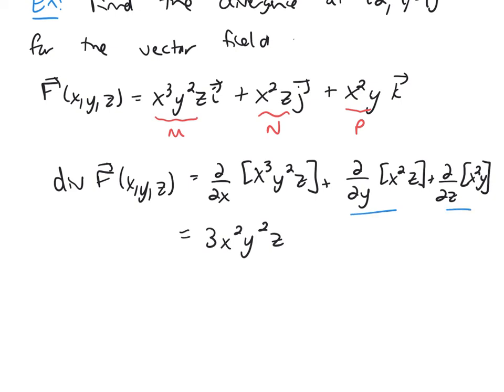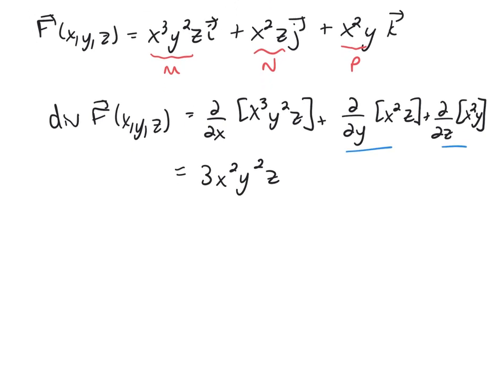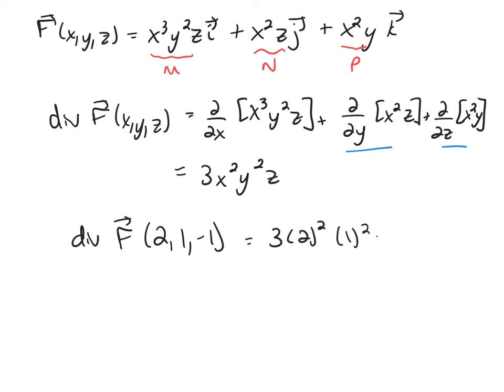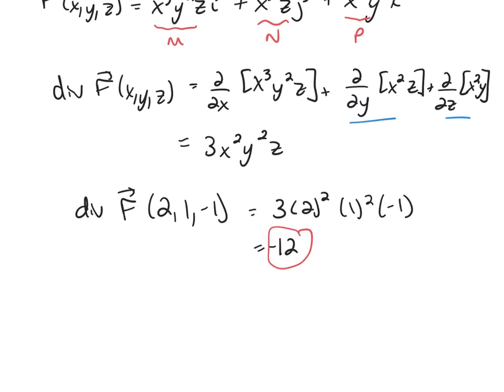So this is my answer here for the divergence. Oop, actually no, because I was asked to find the divergence at a point, so we need to plug in our point (2, 1, -1): 3 times 2 squared, times 1 squared, times negative 1. So you're going to get negative 12. So there's my divergence at that point.